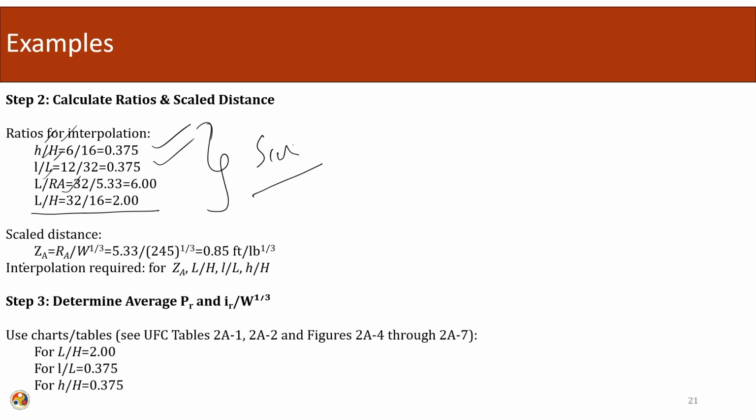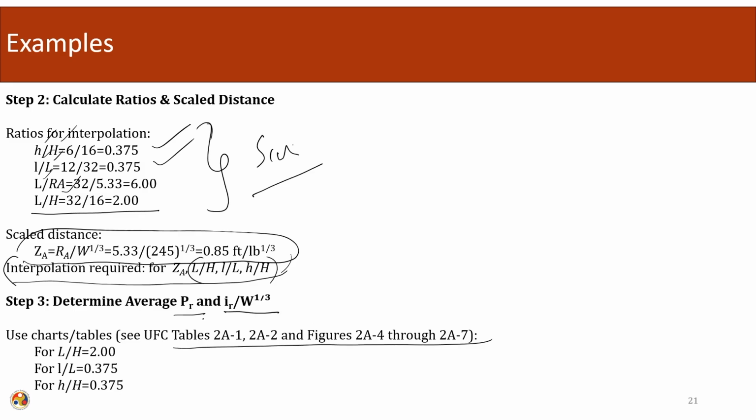All the scaling parameters and ratios we calculate. After that we calculate the scale distance Z, and using the value of Z and all the other parameters we calculate the pressure and the impulse. We can use the equations given, or we can use the figures for given ratios.